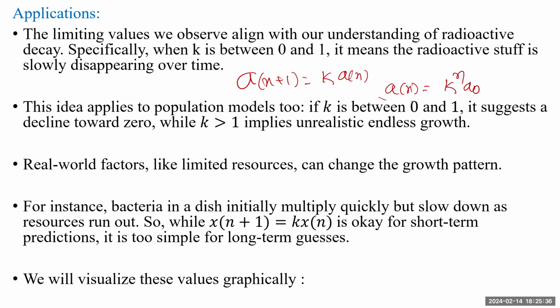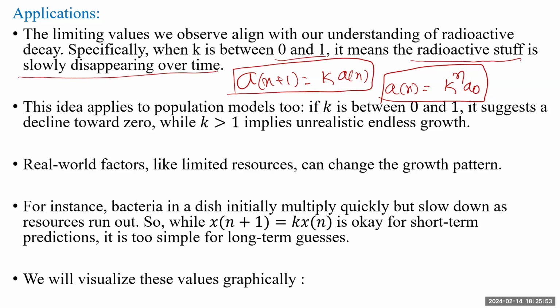If you apply this to radioactive decay, and the value of k lies in between 0 and 1, the radioactive material is slowly disappearing over time, right?